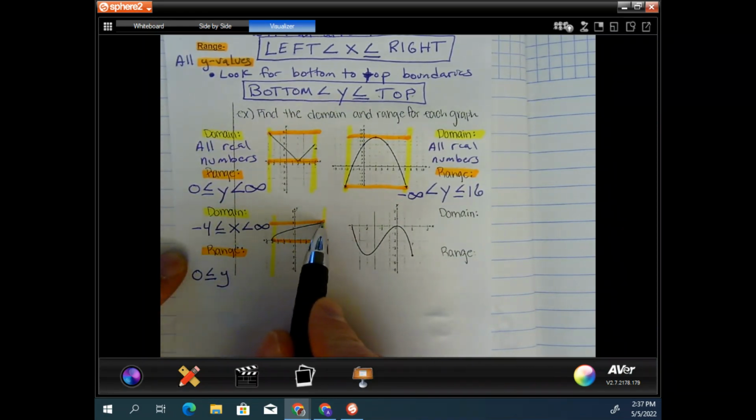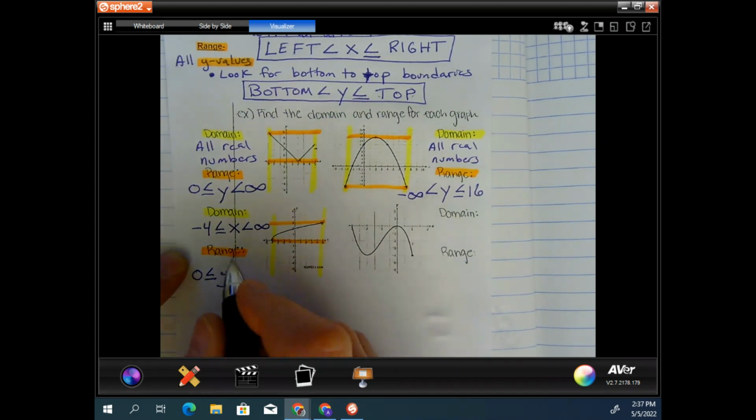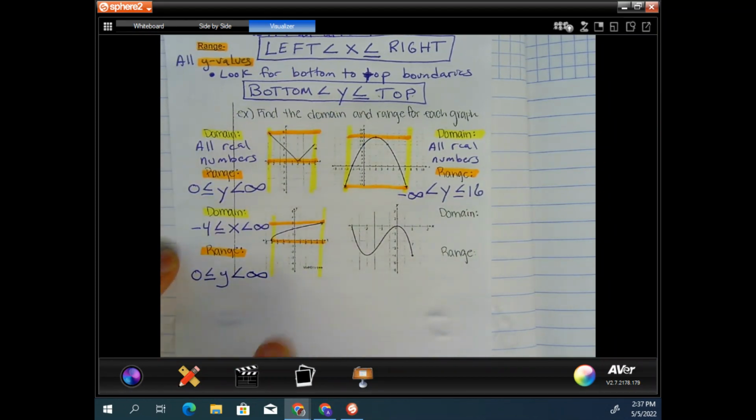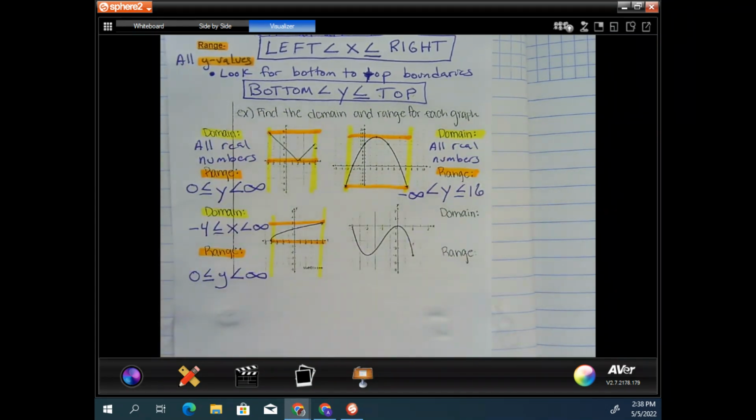And then my top continues on with an arrow. So I could write that with infinity. But once again, like we talked about, that's also a true statement. Y is greater than or equal to 0. And that would include everything in that problem as well.